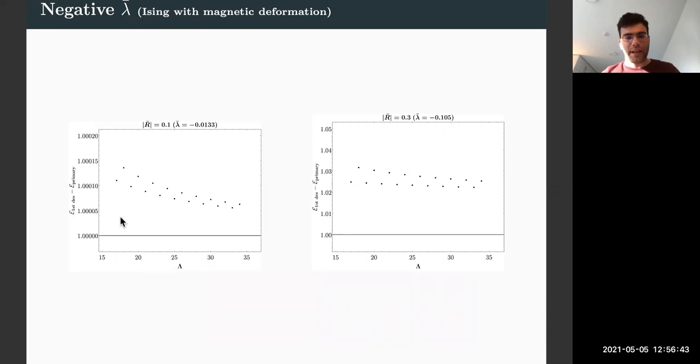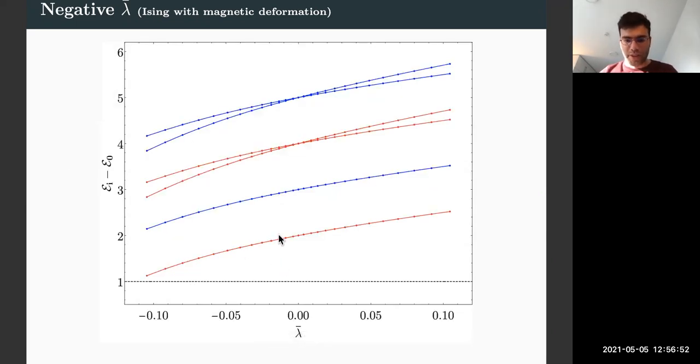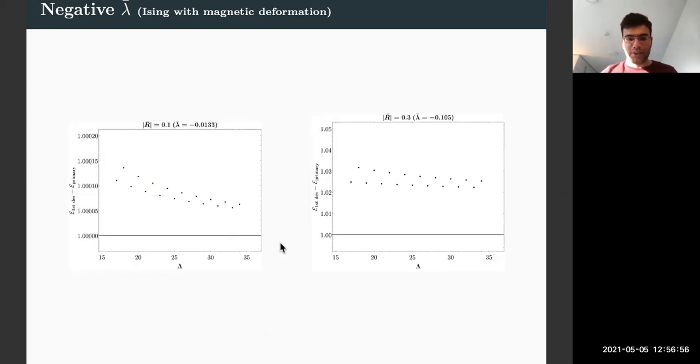The left plot is for lambda bar not very big, corresponding to around this point, and you can see that SL2R is recovered very well. The difference between the first descendant and the primary is almost exactly 1 with a very small error, and it's converging to 1.